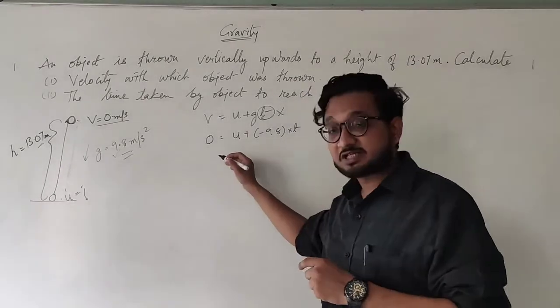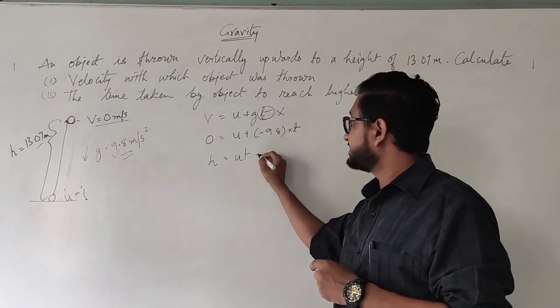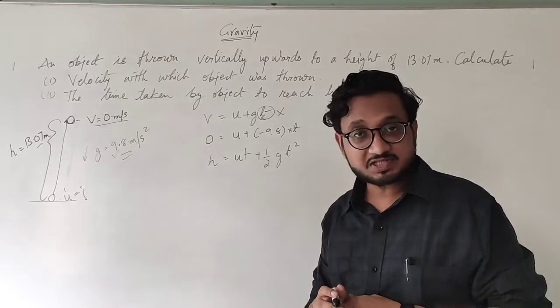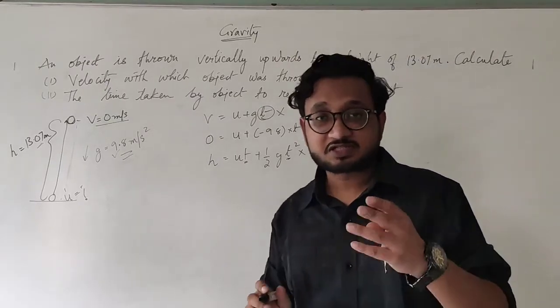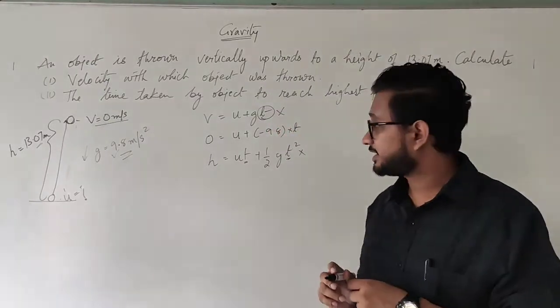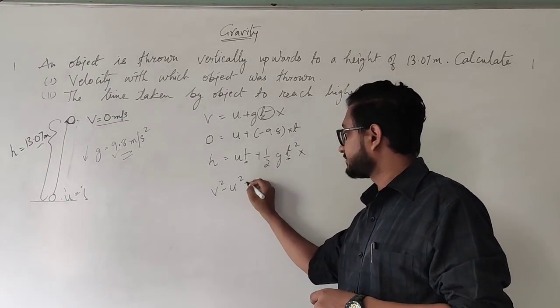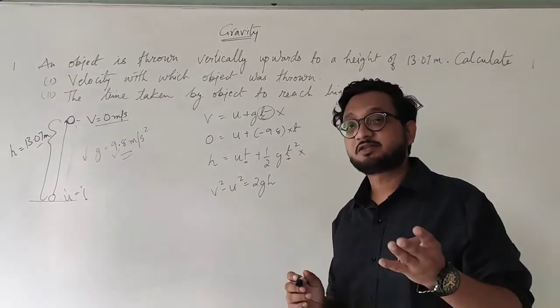Okay, so for using the second equation, that is h is equal to ut plus half gt square, once again you can see that there is time, so you cannot use this equation as well. Okay, third equation, v square minus u square equals 2gh, where s is taken as the height.